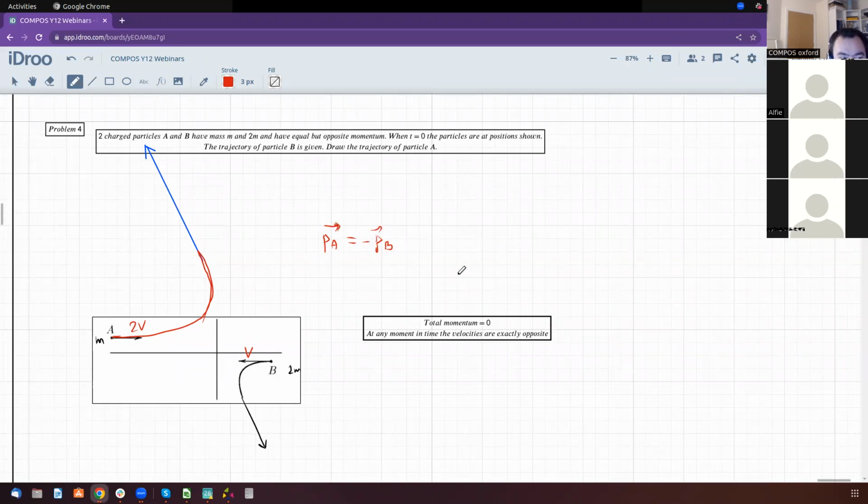So when PA is this way, PB is this way. If this is PA, this is PB. They have to add up to 0. So when A is traveling this way, B is traveling this way, because otherwise they would not cancel out.